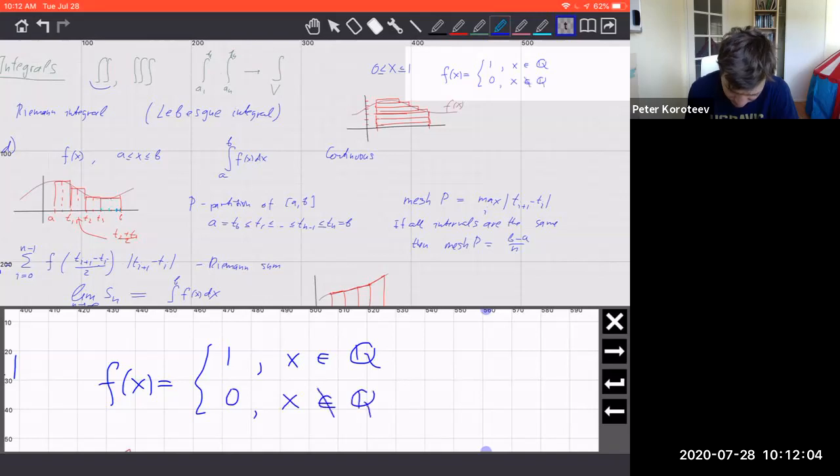So it's possible to draw, right? As we know, rationals are infinitely dense inside all real numbers. So there will be infinitely many values of 1s interspersed between infinitely many values of 0.